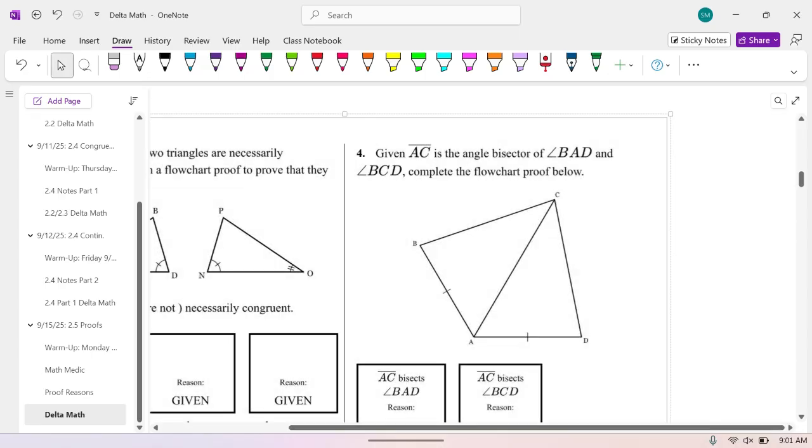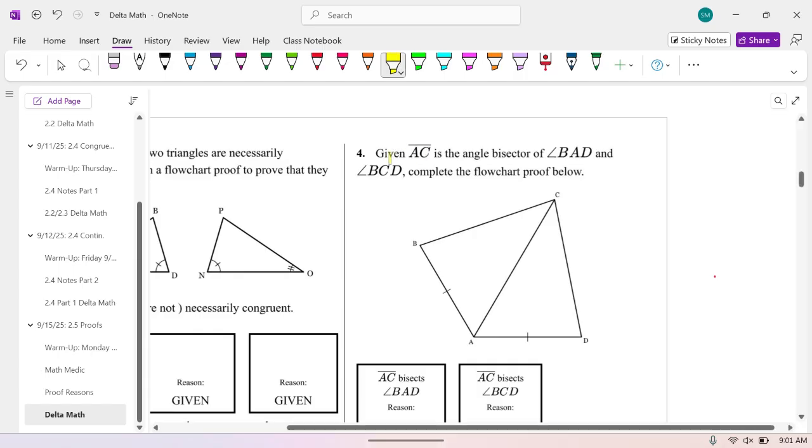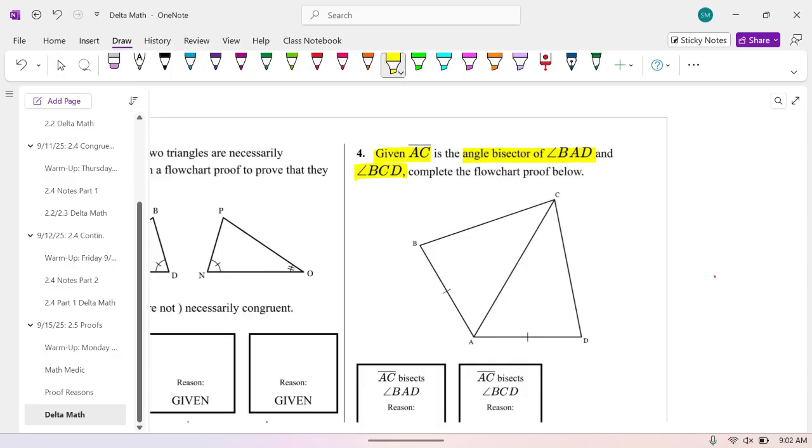Whenever you do givens, if it's not already marked, make sure you mark it. So they said that given AC is an angle bisector of angle BAD and BCD, we need to complete the flow chart.